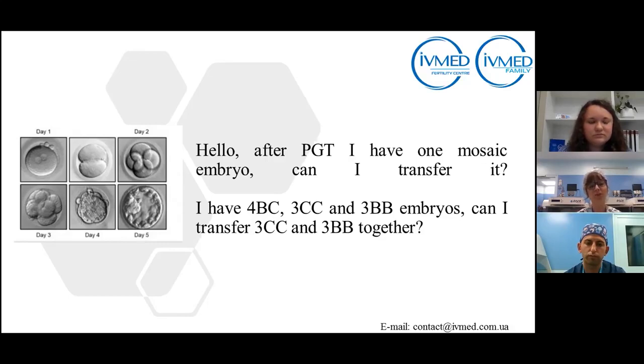Of course, you need to remember that an embryo of CC grade is, let's be honest, of poor quality, and it has very low chances to implant, but it won't influence the other one. If 3BB is ready for the implantation and endometrium is receptive, then we can hope for a healthy pregnancy anyway.